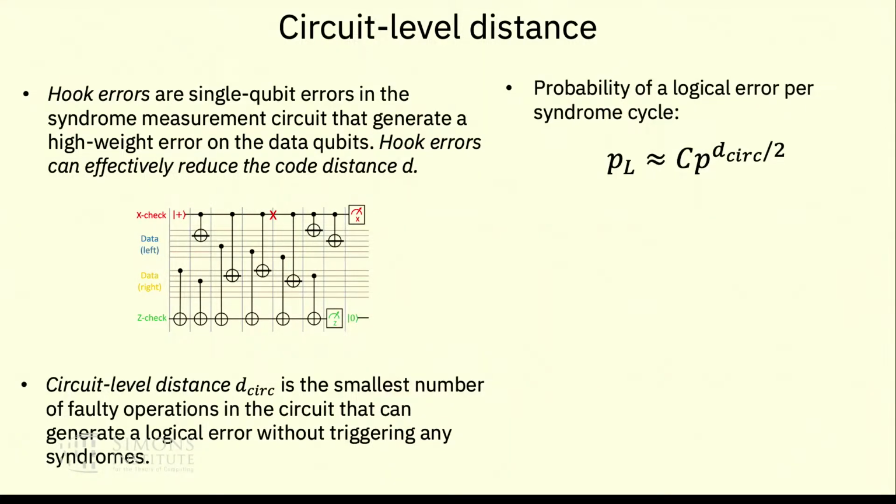If you actually do simulations of the circuit with this circuit noise, the logical error probability will be roughly the physical error probability P to the D circuit over 2.